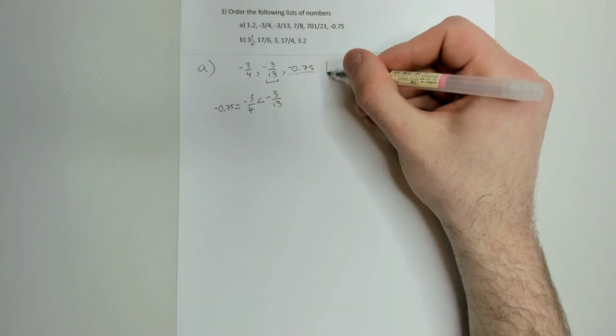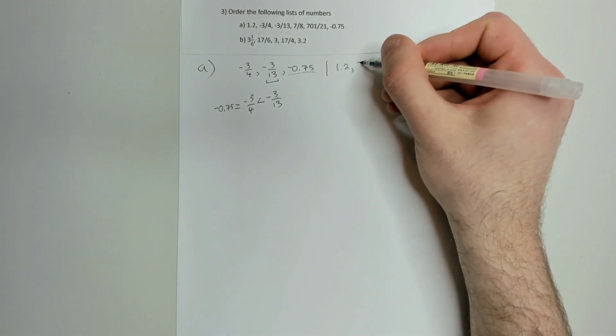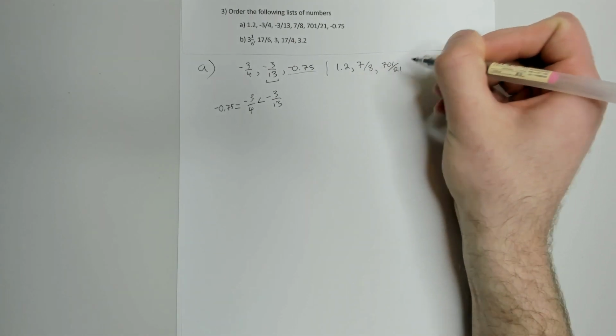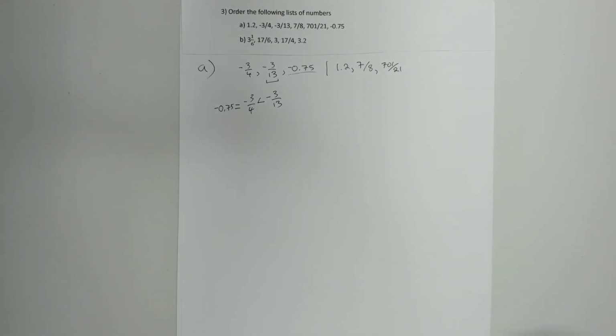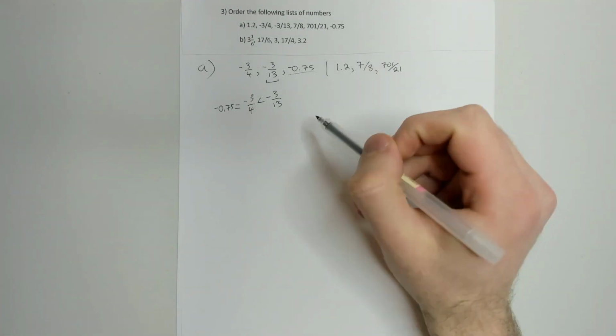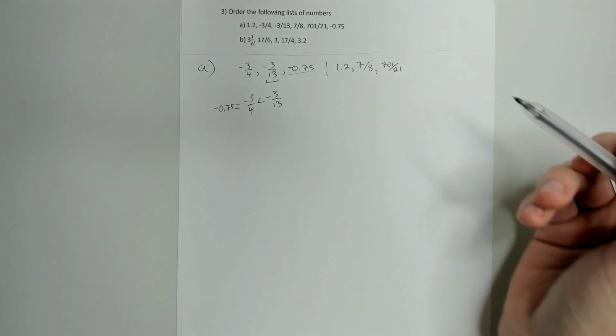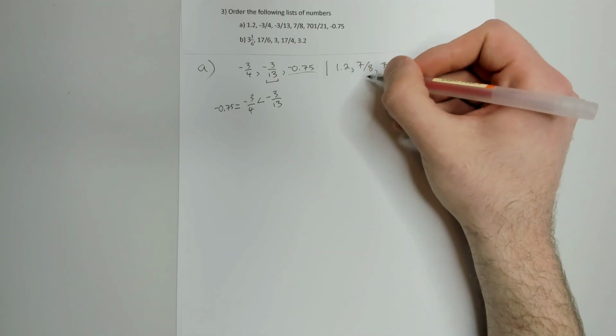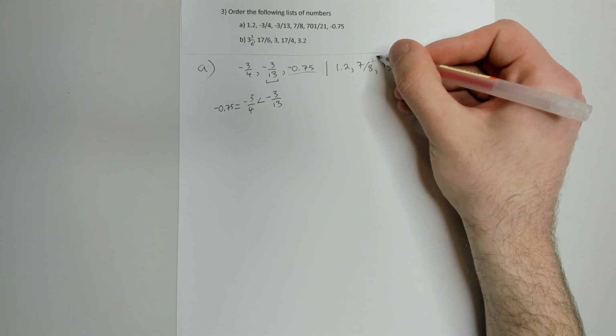So on the positive side, we've got 1.2, 7/8, and then 701 over 21. Now, to compare these numbers, we can just look at what whole numbers they are around, because 7/8 has a smaller numerator than a denominator, so 7/8 is less than 1.